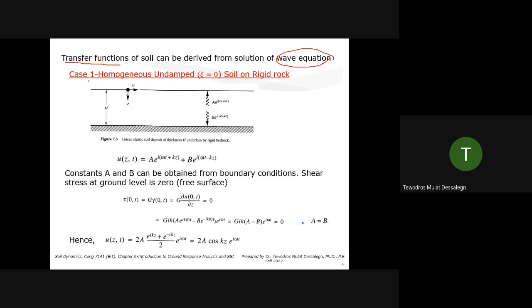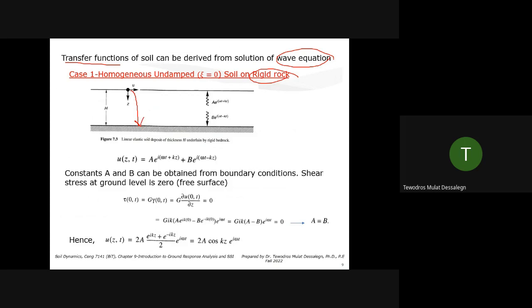Case 1, let's assume homogeneous and undamped. So there is no damping. In the simplest case, assume there is no damping, and rigid bedrock. If you have a wave on rigid bedrock, what happens? Is it a good idea to have a rigid bedrock for a wave propagation problem? Helen, is it a good idea? If you have a wave comes down here, what happens when it comes here?